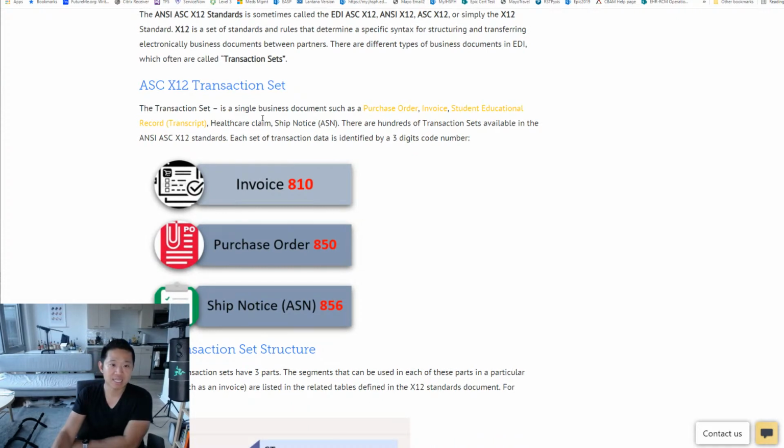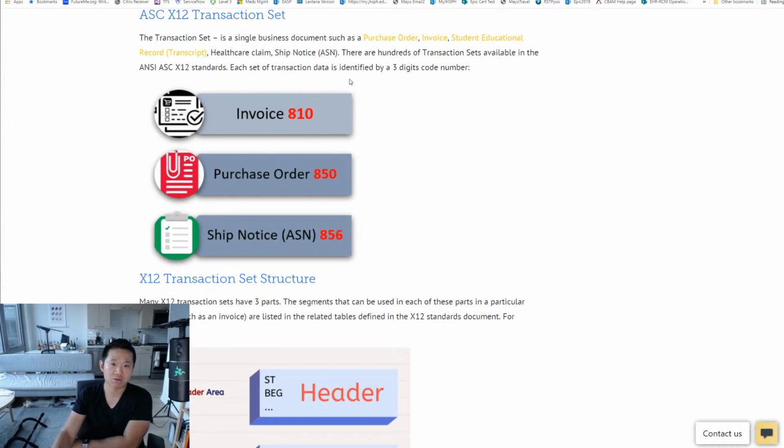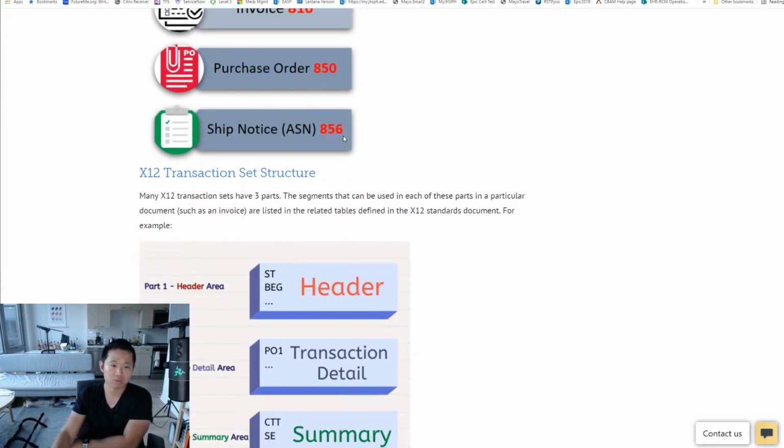The transaction set is a single business document such as purchase order, invoice, student educational record, healthcare claim, ship notice. There are hundreds of transaction sets available in ANSI ASC X12 standards. Each transaction set is identified by a 3-digit code number. Invoice is 810, purchase order is 850, ship notice 856.